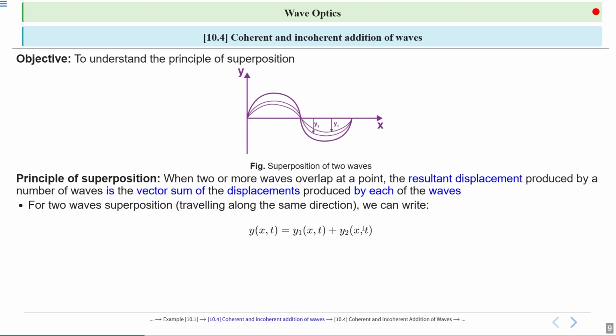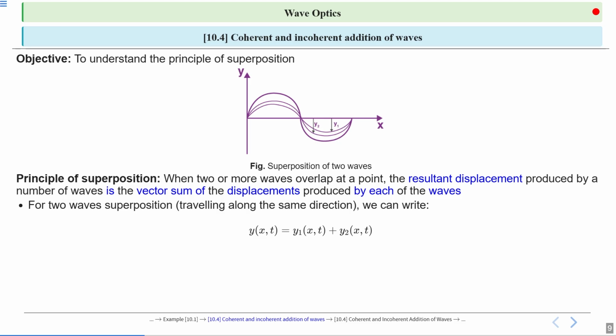But if one wave's displacement is along the y axis and another wave's displacement is along some other axis, then we have to take the vector sum for the resultant displacement.